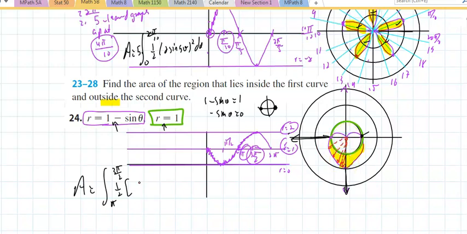The tip of the arrow is always the purple in this case, 1 minus the sine of theta squared, minus the base of the arrow, which is the green, and the green is 1 squared d theta. That's half of it, so if I multiply it by 2, there it is. Of course, I could have done it from pi to 2 pi. That will work as well, but I want you to make use of symmetry whenever you can. You don't have to, of course, but it helps a lot.